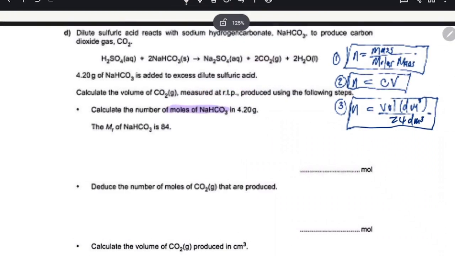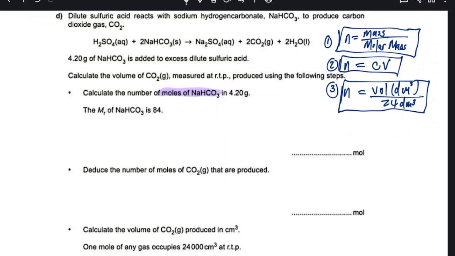Okay, so which one works? You always look at the data you have been given. Let's go for it. If you're given the mass of something, and they even gave you the MR, then obviously it's the first one, mass over molar mass, because MR is a type of molar mass.